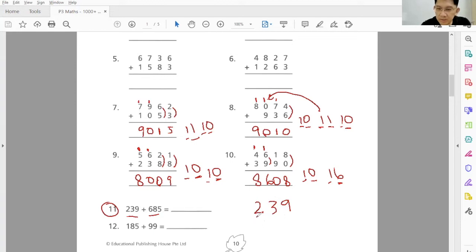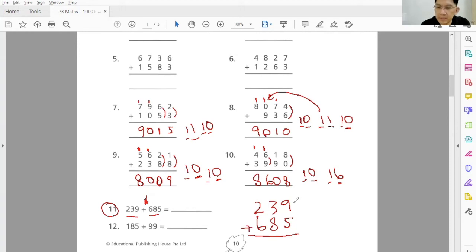So 685. That's how we're going to do it, because the ones belong to the ones, the tens belong to the tens group, and the hundreds belong to the hundreds group. We put a line here and put the operation, which is addition, plus.